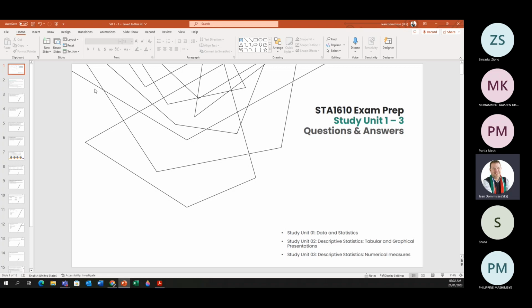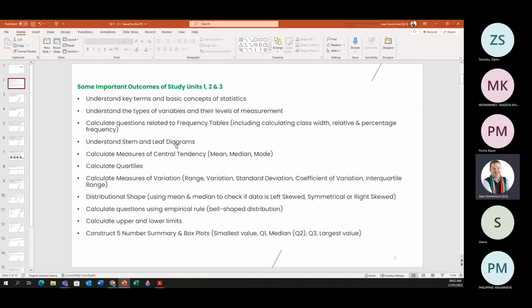Okay, so what I thought was, let's just do a quick summary of what we need to know. I'll also share a summary page again.